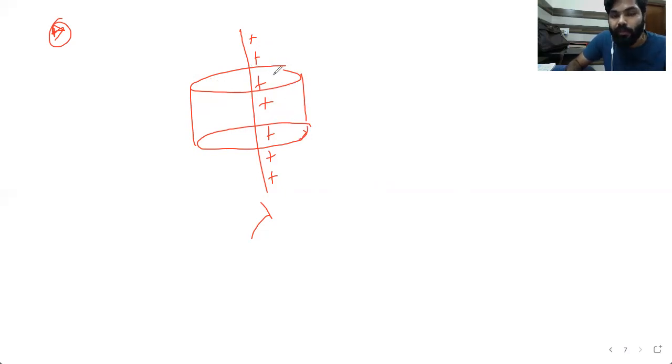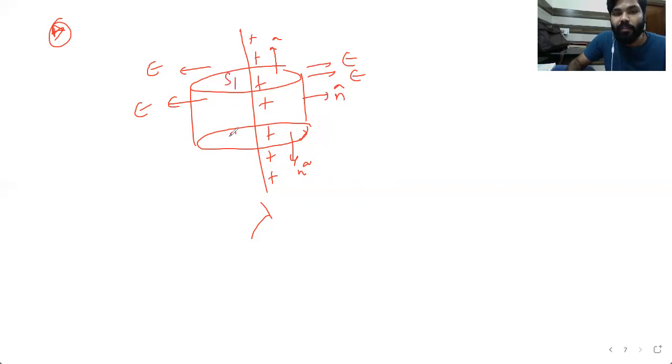The circular surfaces have normal vectors in this direction and in this direction, and the curved surface will have normal vector in this direction, and the normal vector is the direction of area. The direction of electric field is away from the linear charge, in the perpendicular direction. This is the charge distribution over a line, and this is the electric field of this distribution.